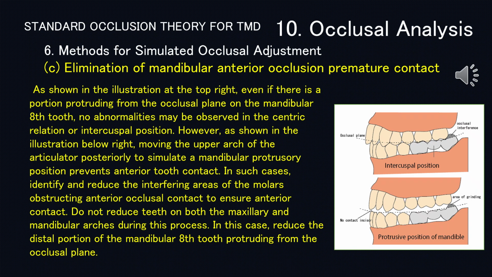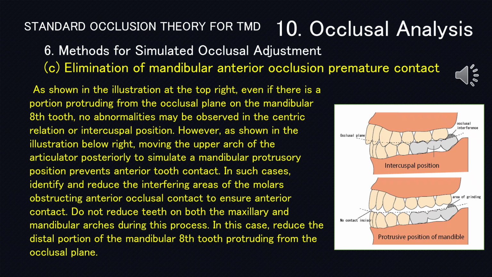C. Elimination of mandibular protrusion occlusion premature contact. As shown in the illustration at the top right, even if there is a portion protruding from the occlusal plane on the mandibular eighth tooth, no abnormalities may be observed in the centric relation or intercuspal position. However, as shown in the illustration below right, moving the upper arch of the articulator posteriorly to simulate a mandibular protrusive position prevents anterior tooth contact.